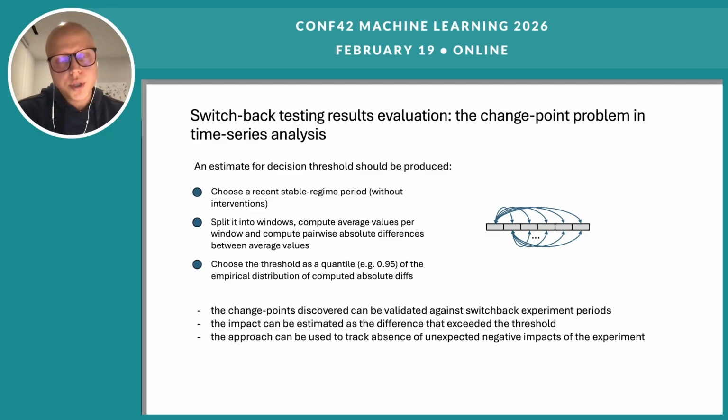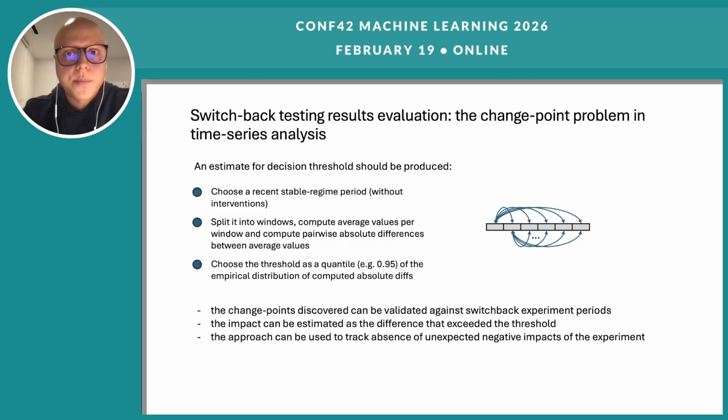Then the approach is to choose a quantile of that empirical distribution as a threshold. Usually it's like 0.95 quantile, so that it's relatively high to avoid some false alerts.